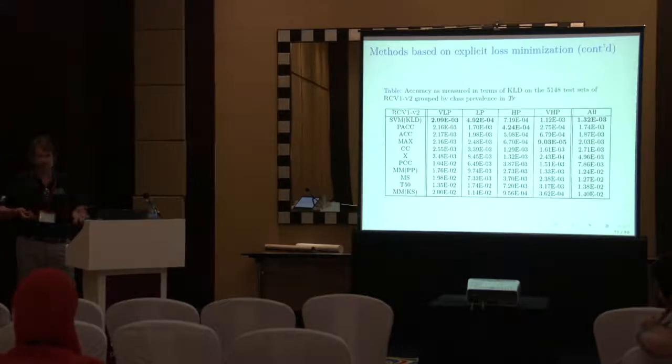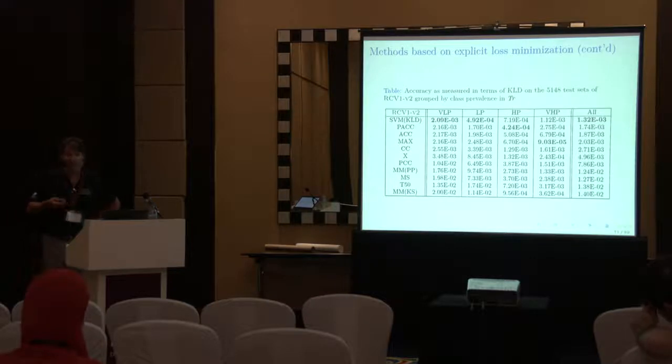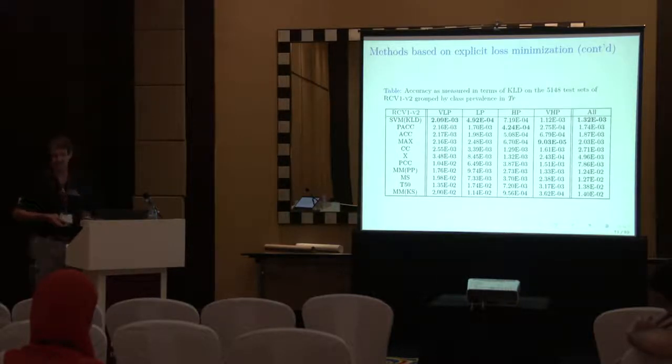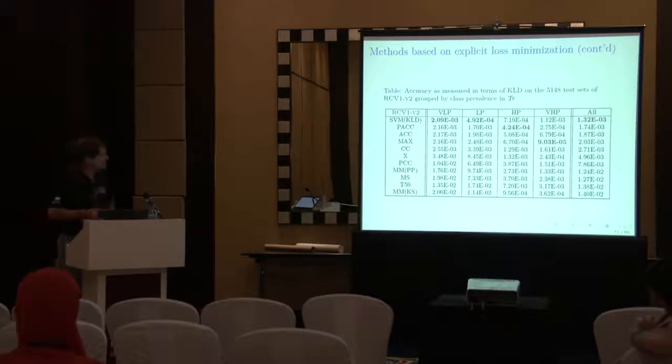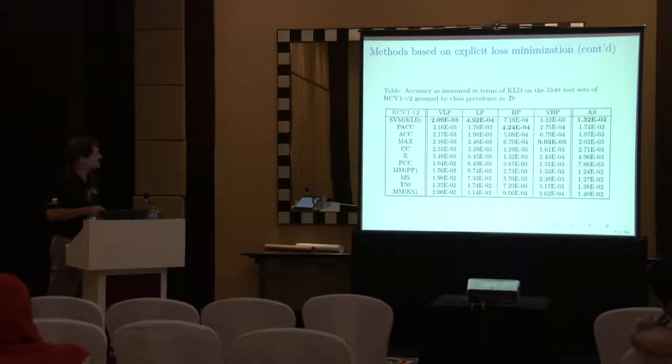Actually instancing this to KLD was very easy. And the interesting fact is that the results were very, very good. Okay? It's predictable, because essentially you tell your learning system to go for the measure that you're going to use. This is the results for RCV1, but the results for Ohsumed are similar.